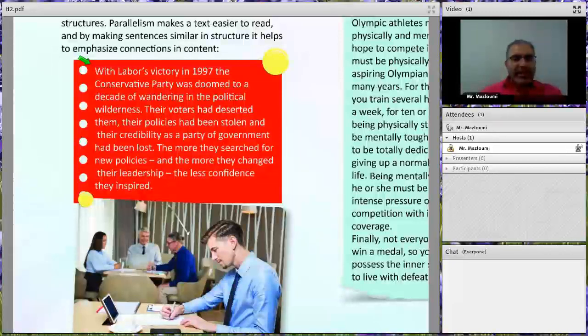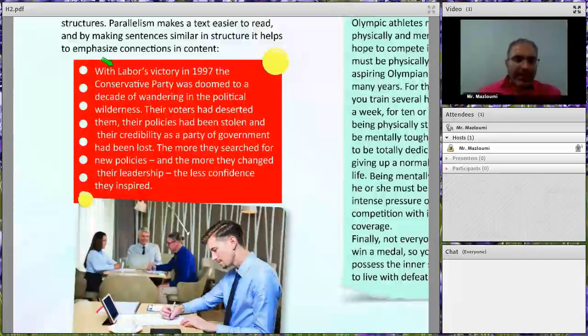Their voters had deserted them. Their policies had been stolen and their credibility as a party of government had been lost. The more they searched for new policies and the more they changed their leadership, the less confidence they inspired.